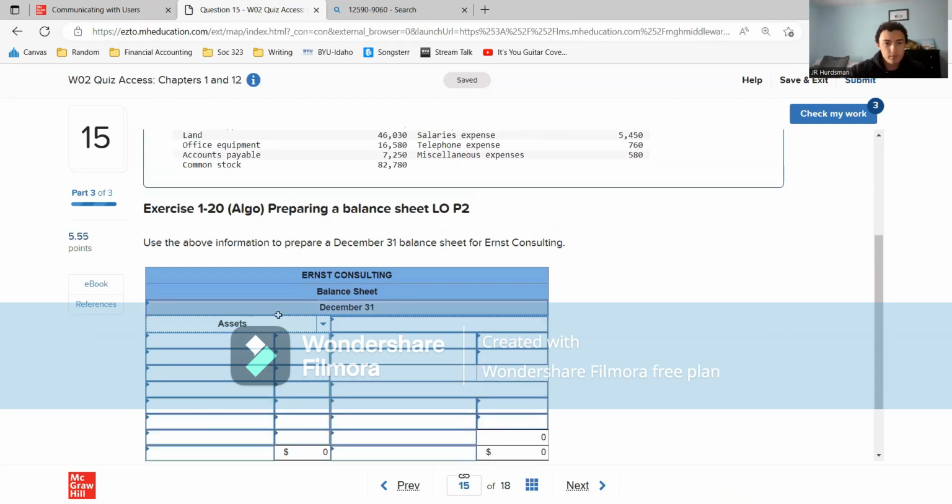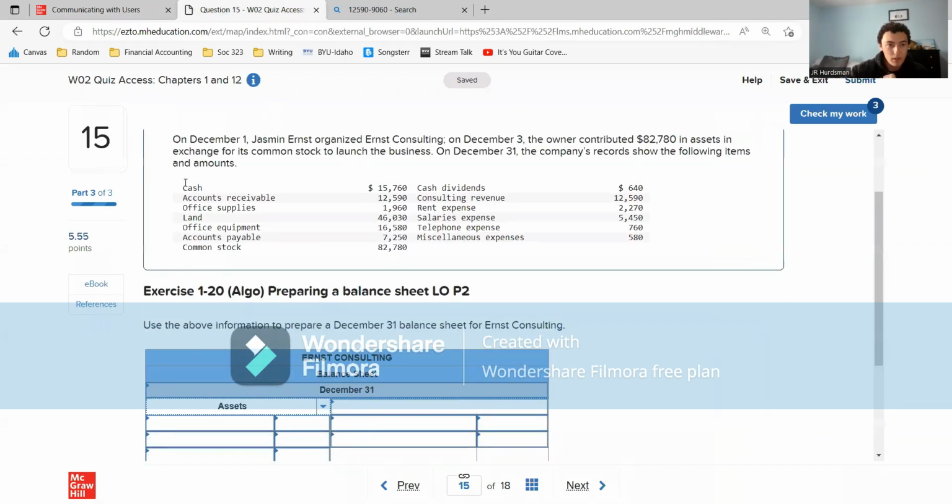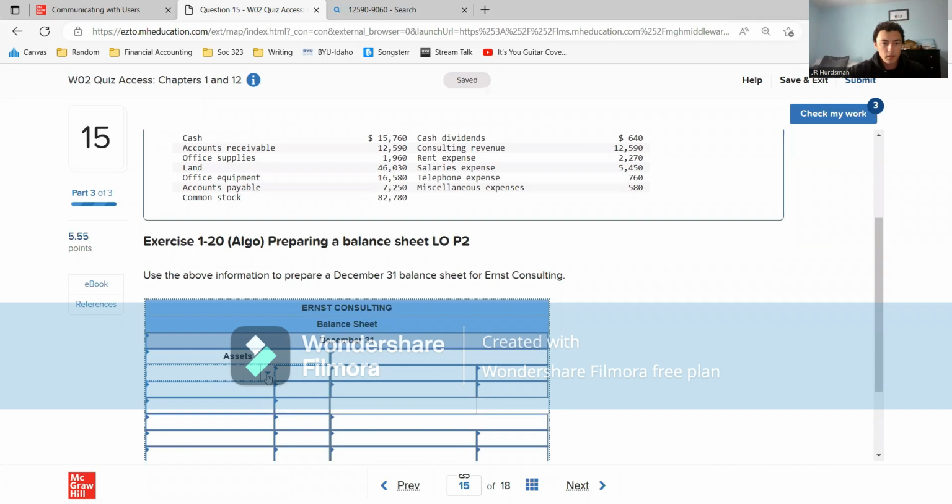And so we'll come up here, we'll be like, all right, they own cash. They also have account receivables, office supplies, and land, and office equipment, I believe, because these are all things that the company owns. And so we'll put all of those in there.